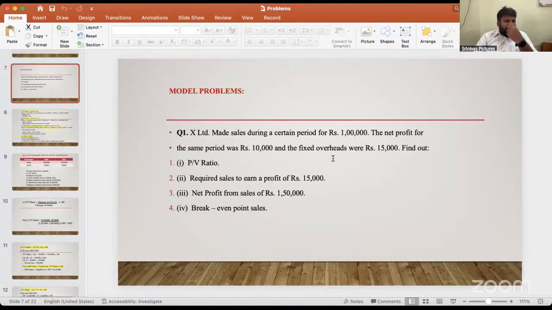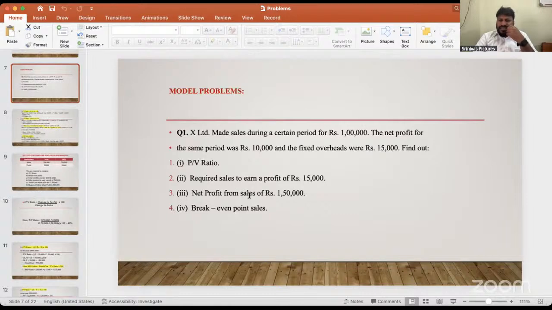So 30,000 divided by 25% is 4 times, so 1,20,000 is required. If you sell 1,20,000, you will get 15,000 of profit.